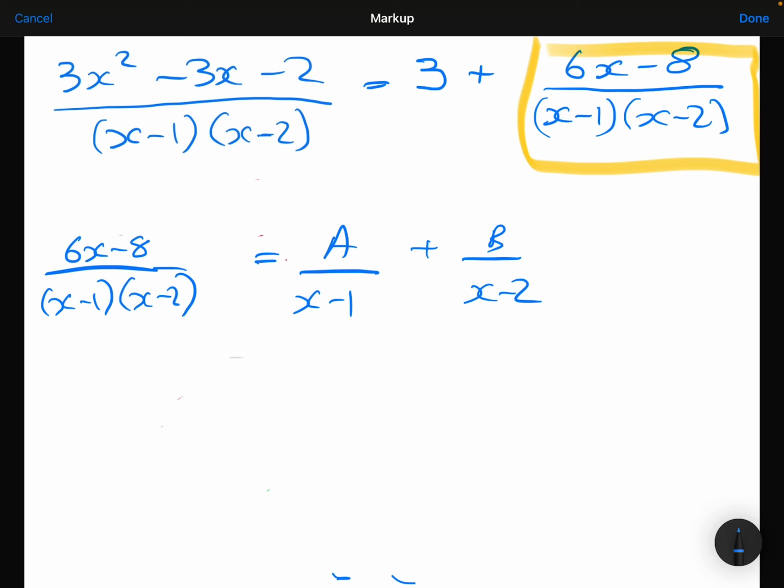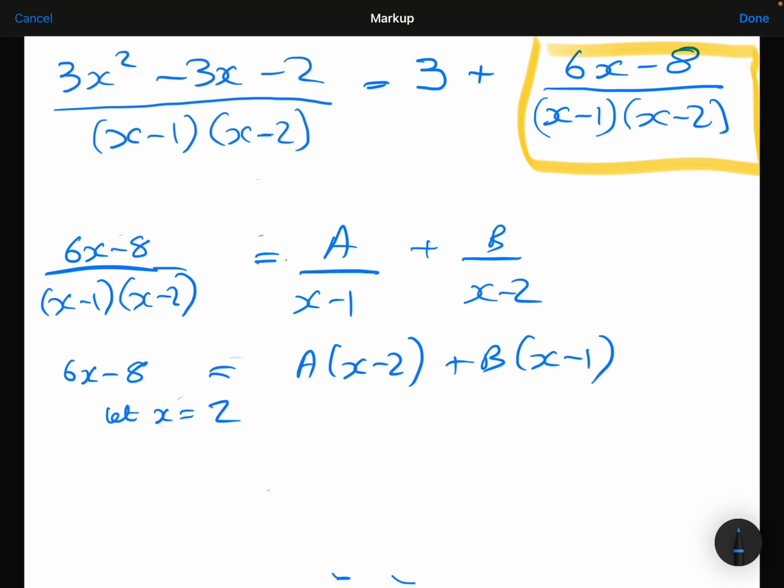And I'm now going to follow the same procedures like we have in the previous videos to work out what a and b are. So 6x minus 8 equals a times x minus 2 plus b times x minus 1. I'm going to say let x equal 2.